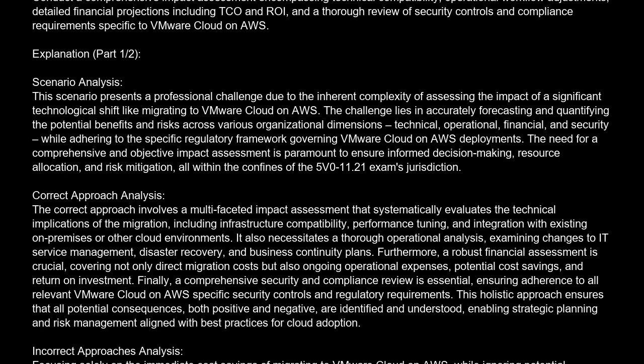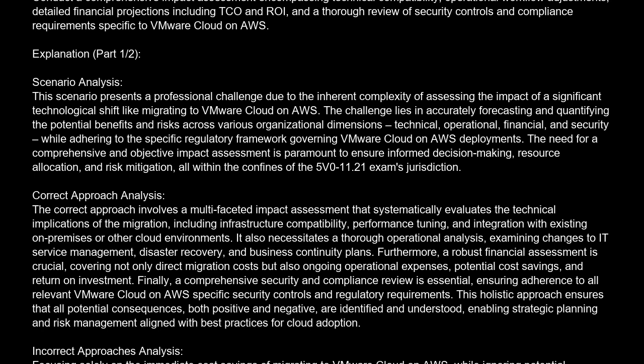The need for a comprehensive and objective impact assessment is paramount to ensure informed decision-making, resource allocation, and risk mitigation, all within the confines of the 5V0-11.21 exam's jurisdiction.